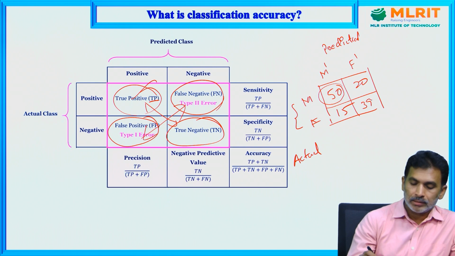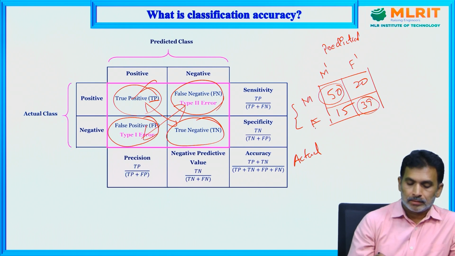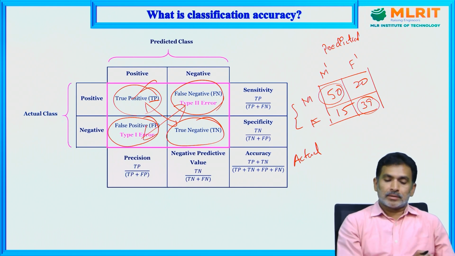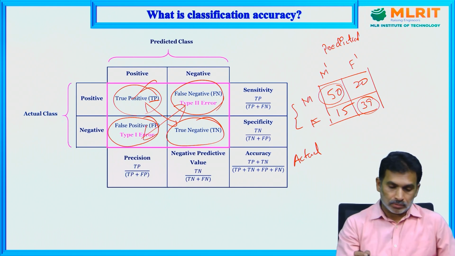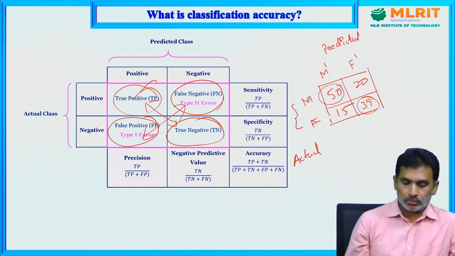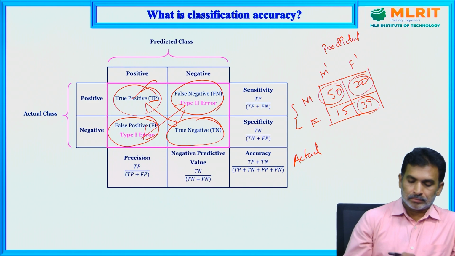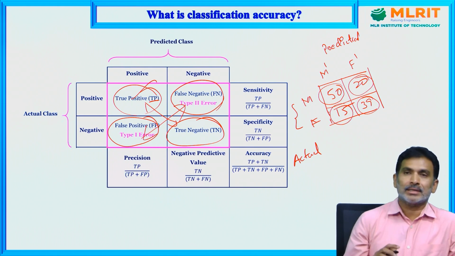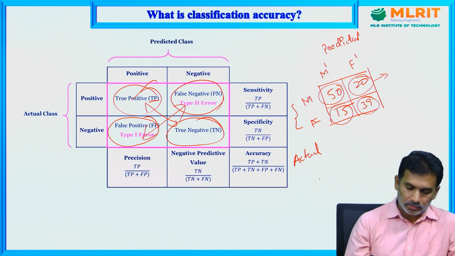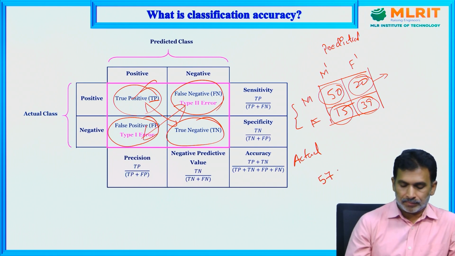Next, similarly, this actual 39 are female, and those are predicted as female by our model. So that is true negative. These are the misclassifications, these are the errors, and this error should be minimized. Suppose 57 out of 50 are classified as male.